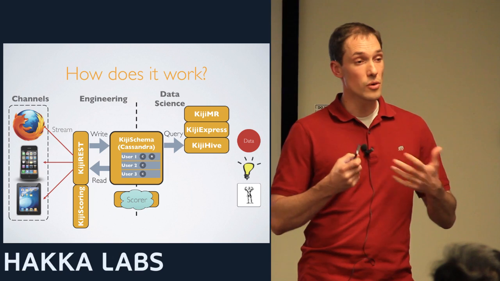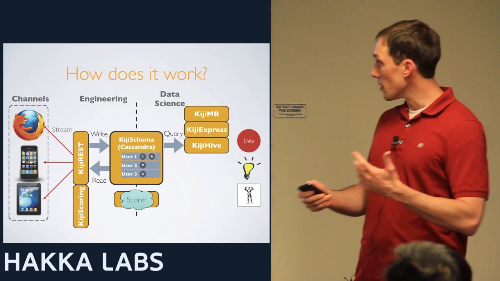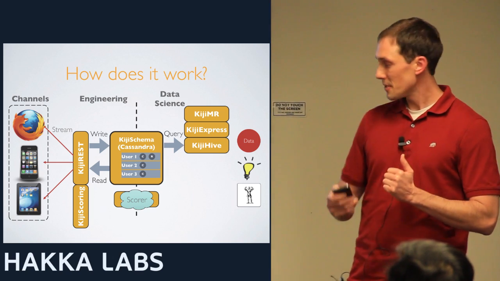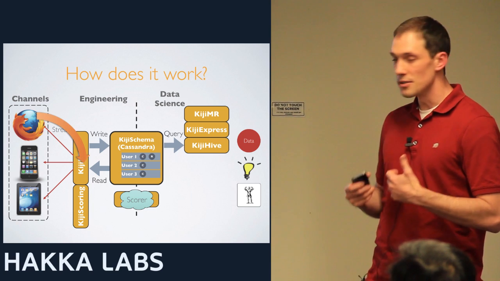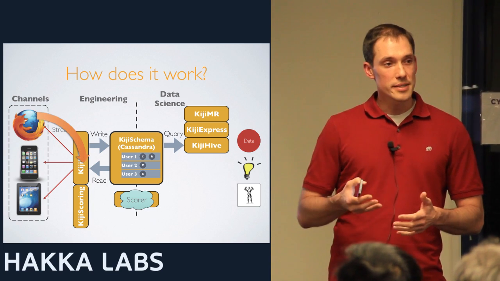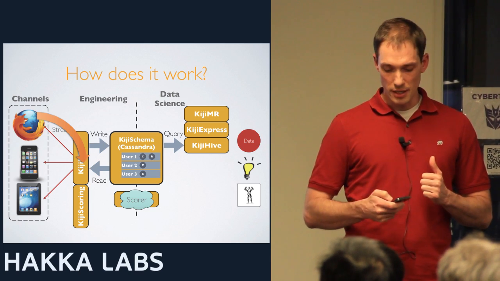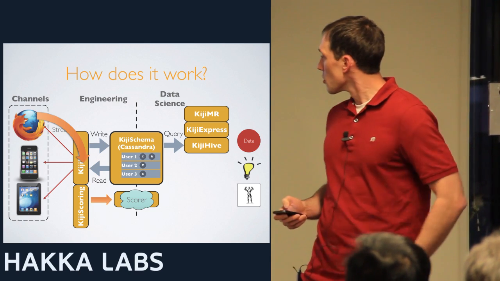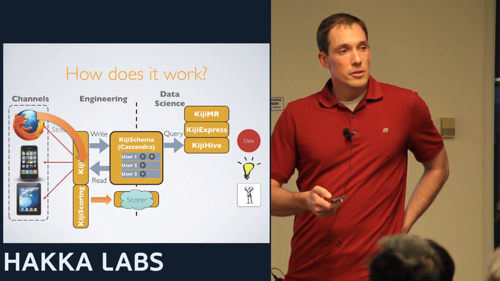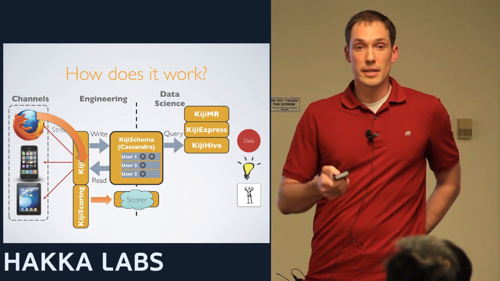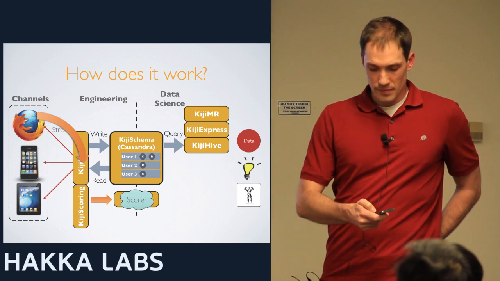Once we have a live score, let's say that, again, our user is interacting with our application. And the application sends a request via REST for the latest product recommendations for a given customer. This will cause Kiji scoring to trigger our score to generate a fresh recommendation.